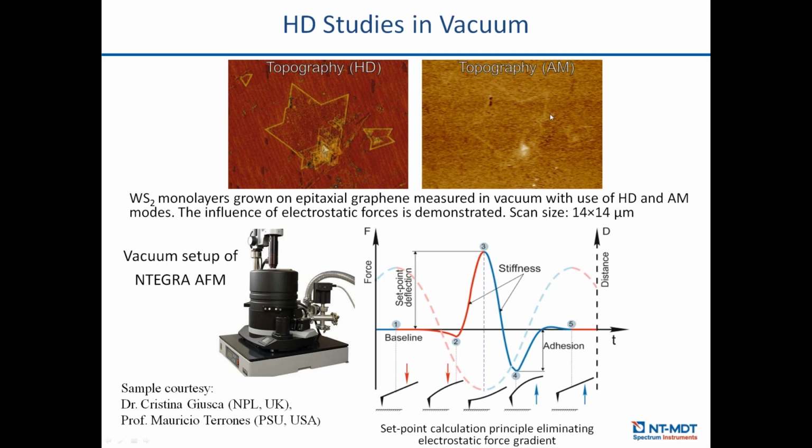So the compromise in this case was the hybrid mode, where we can control the force with high precision and extend the force impact more than in tapping mode, keeping at the same time good lateral resolution. And as you see, the topography in hybrid mode looks pretty clear.